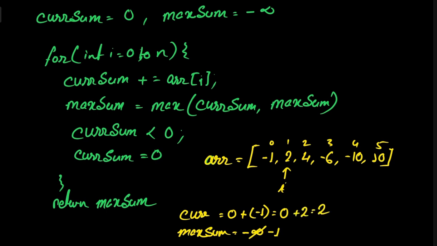So now it will be 2, and it will check whether the maximum is greater than current. The maximum is less than current, so the maximum will be updated to 2, and it will again check if the current sum is less than 0. No, so the current sum will not change, and i will be updated.